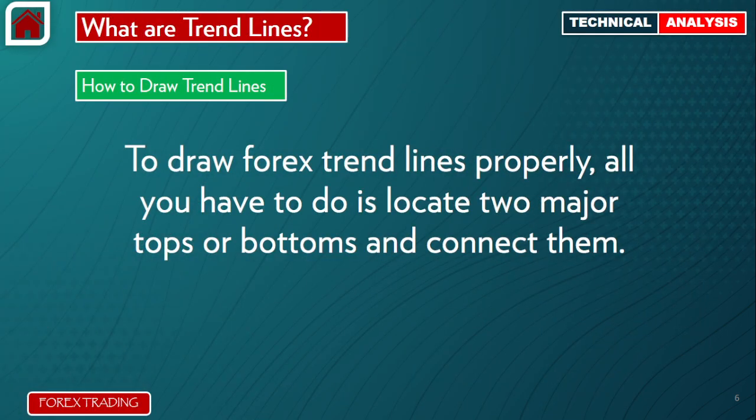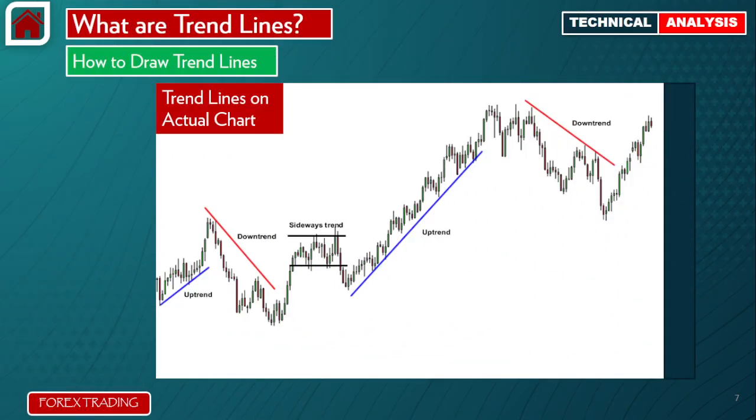So how do we draw trend lines? As I just discussed in my previous slide, to draw forex trend lines properly, all you have to do is locate two major tops or bottoms and then connect them through a straight, diagonal line. This is how it looks. You can see there's a price chart. This is where the uptrend is, the blue line that you see.